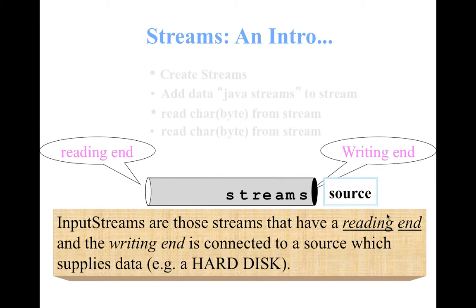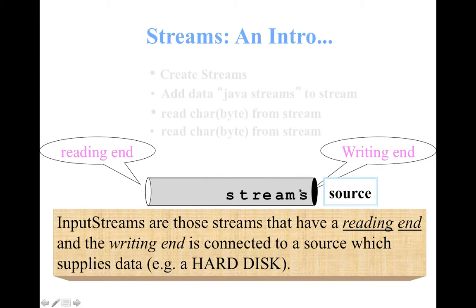In the same way, if you want to make it transparent, you got to get a handle of, say, a socket. If you're writing onto a socket, you got to get the output stream and write on it. Then that's when it is available for somebody else to read. Okay, so that's what a stream is.